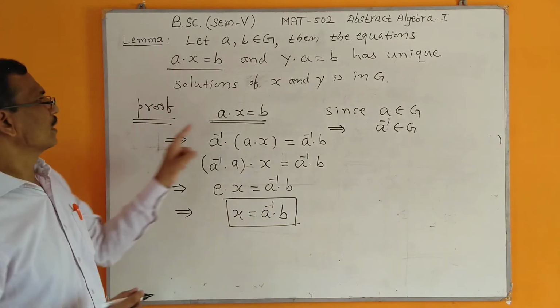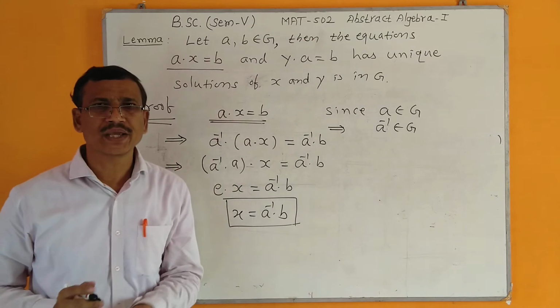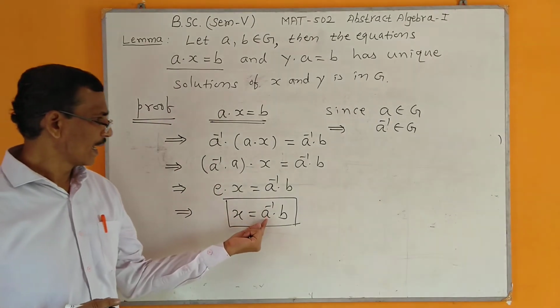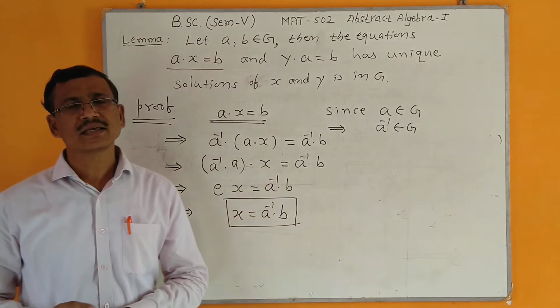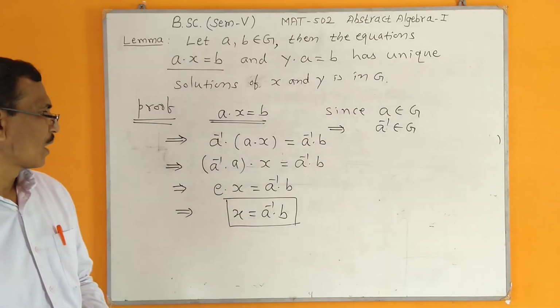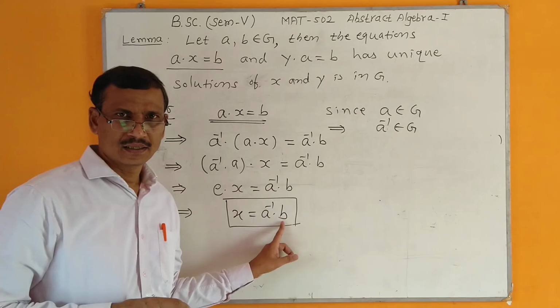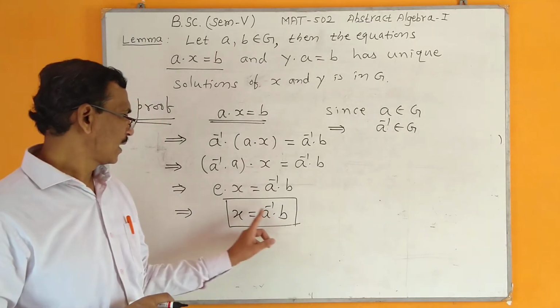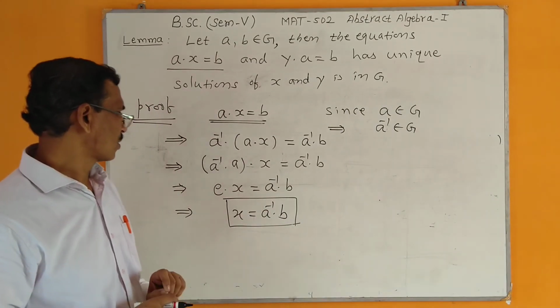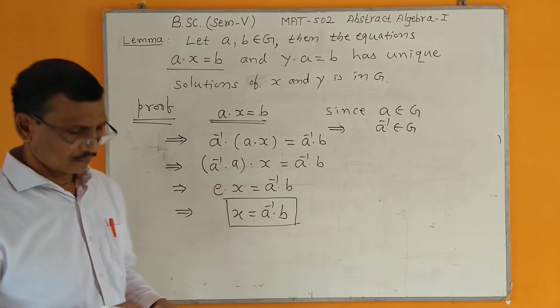That means the equation A dot X is equal to B has a solution A inverse dot B in G, because A inverse belongs to G, B also belongs to G, and by closure property, A inverse dot B also belongs to G.